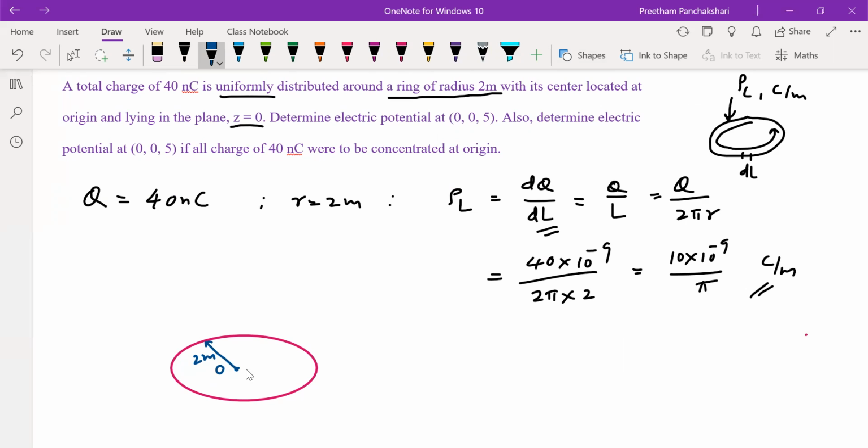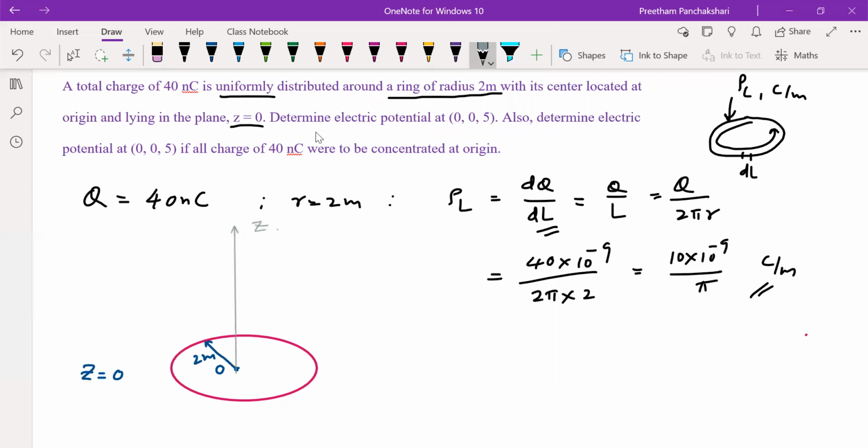That is the radius. The center is located at the origin, and it's lying in the z equal to 0 plane. So we can have a z-axis. This is the z-axis. The plane of the ring is perpendicular to the z-axis. So this is the z equal to 0 plane.